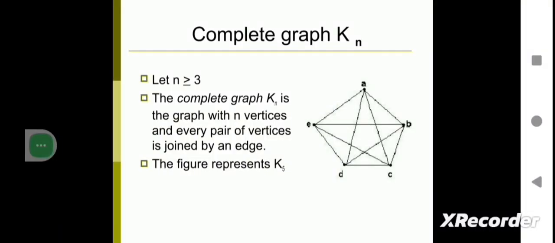The figure represents K5 because here we have 5 vertices. Here every pair of vertices is joined by an edge.